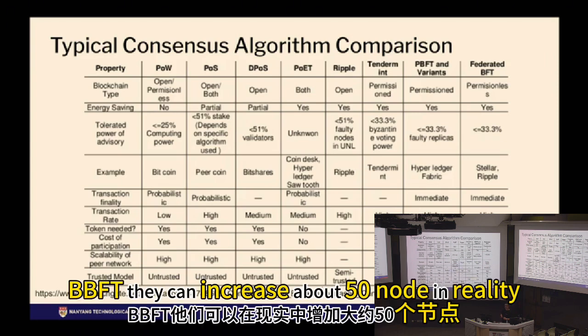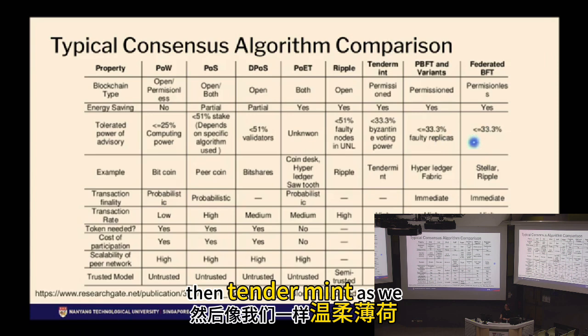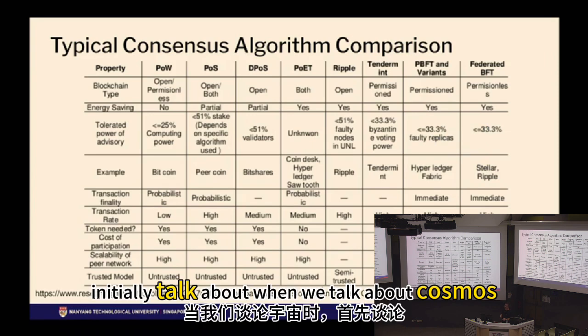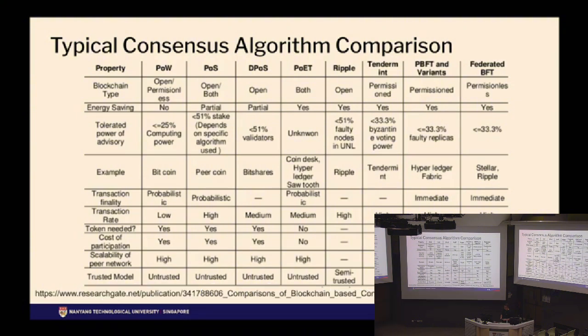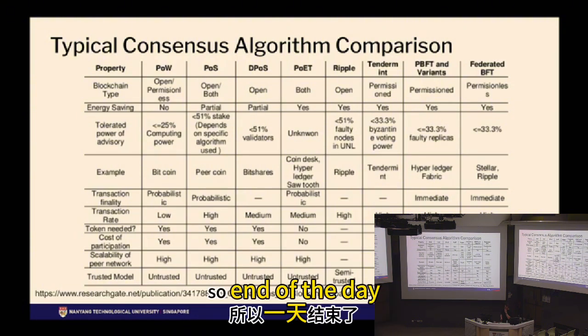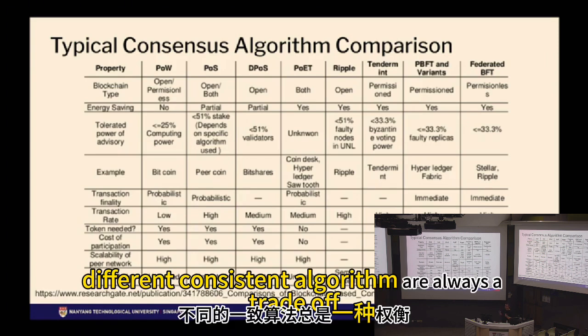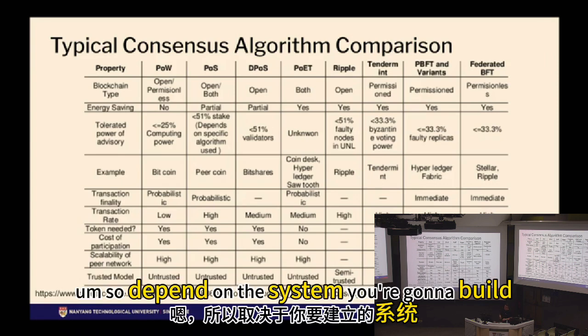I think SBFT can increase to about 50 nodes in reality. Then Tendermint, as we initially talked about when we talked about Cosmos, is able to handle about 200 nodes. So at the end of the day, different systems and different consensus algorithms are always a trade-off, so it depends on the system you're going to build.